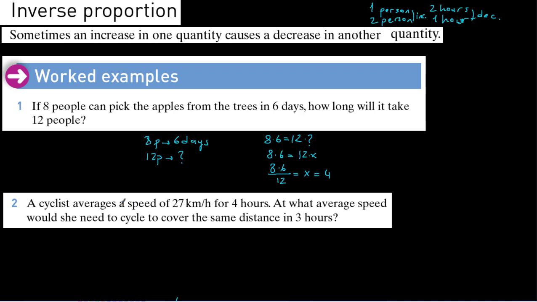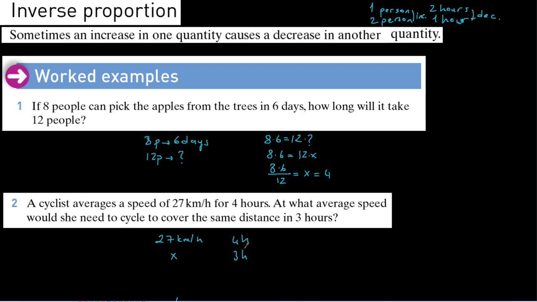Okay, let's continue. A cyclist averages a speed of 27 km per hour for 4 hours. What average speed would she need to cycle to cover the same distance in 3 hours? 3 hours and x.